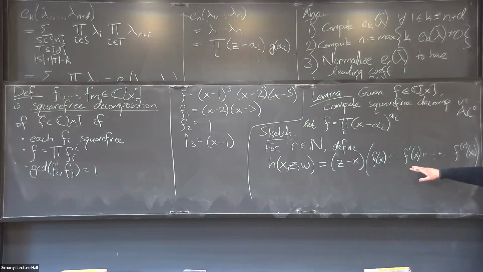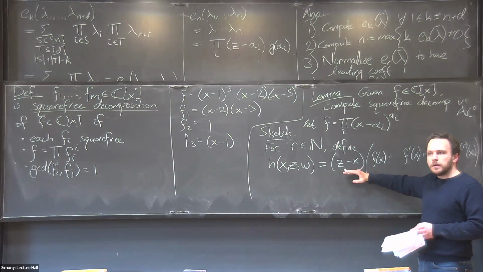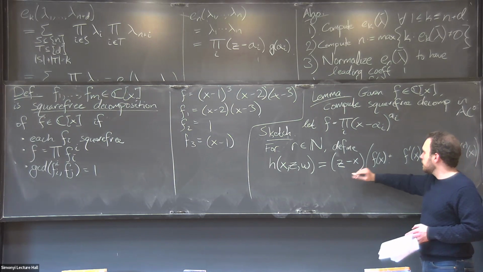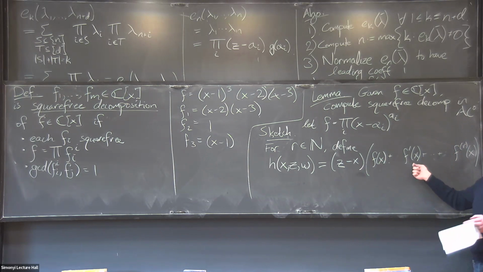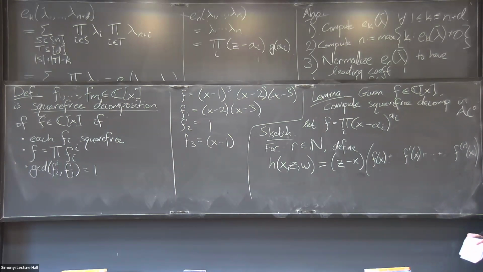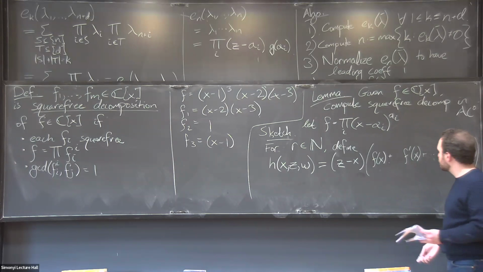Now this is great if I could somehow force an independence between these. If I could say that I suppress this factor of z minus x exactly when this is 0 and this is 0 and this is 0, that would be great. But the issue here is that there could be some cancellations or some other thing happening. I could suppress factors I don't want to suppress.